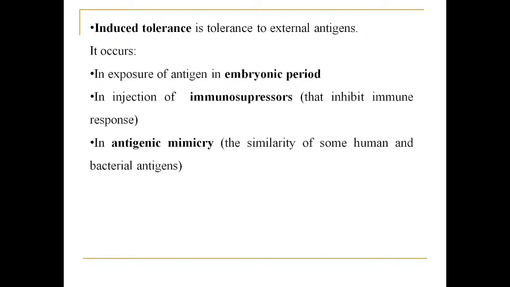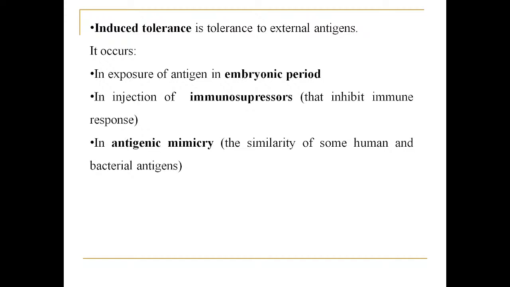And another is antigenic mimicry, the similarity of some human and bacterial antigens. Antigenic mimicry is the state when bacteria have the same antigens as a human. For example, it's observed in Streptococcus pyogenes that causes sore throat.